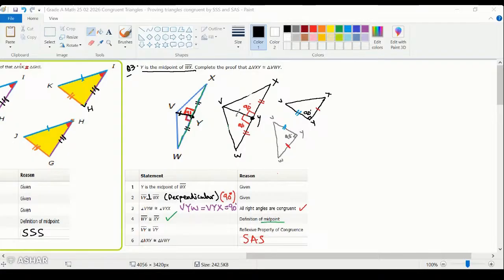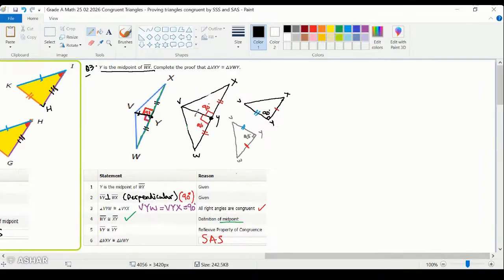Okay, let's go to the next question. The next question says, just a moment, please. Let me copy. For question number 4, the information provided is this.